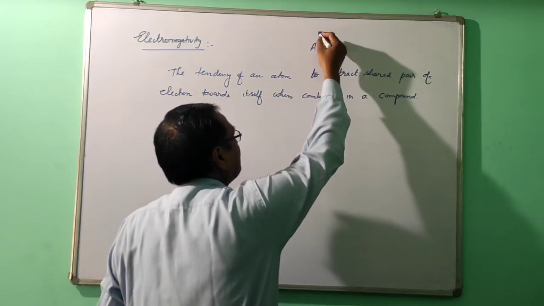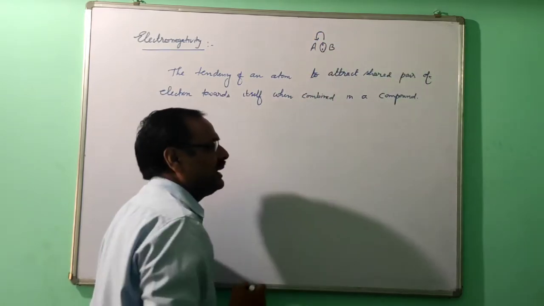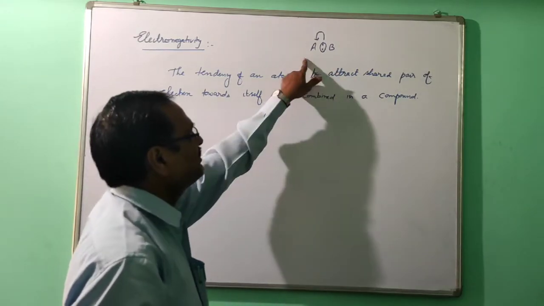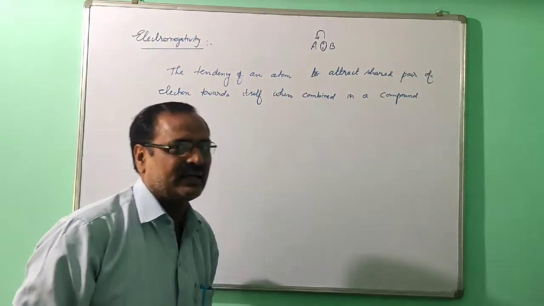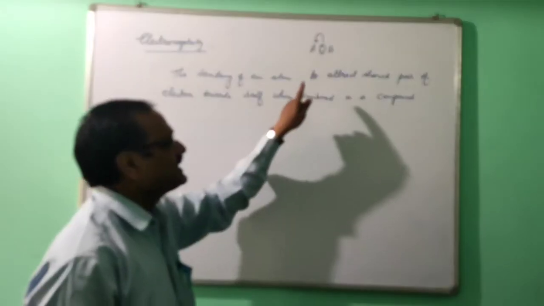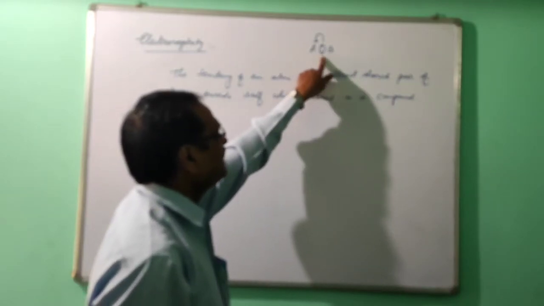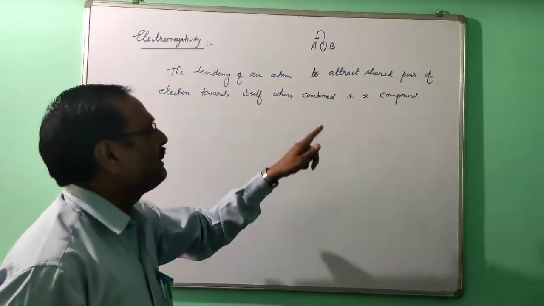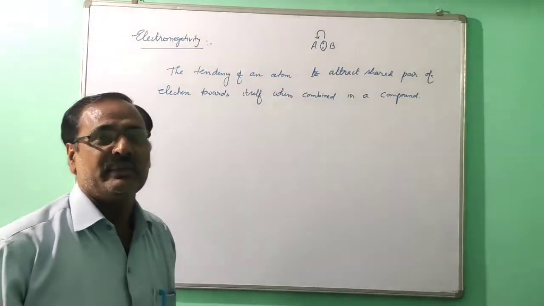The shared pair will be attracted by atom A and by atom B. Both the atoms will attract this shared pair of electrons. That's why it is given: the tendency of an atom to attract the shared pair of electrons towards itself when combined in a compound is called electronegativity.